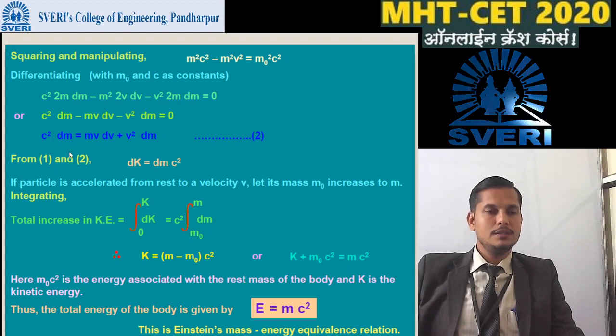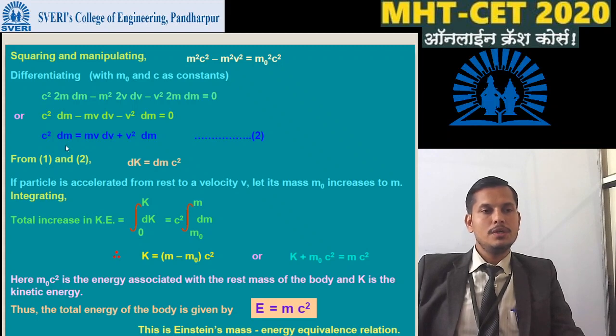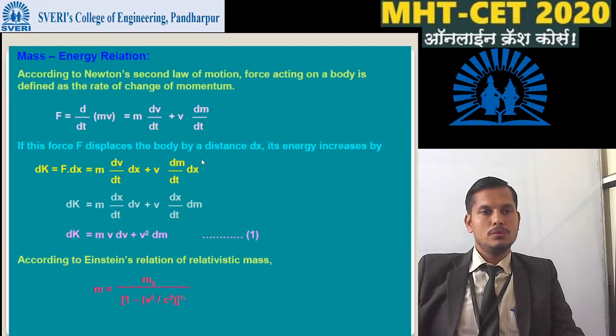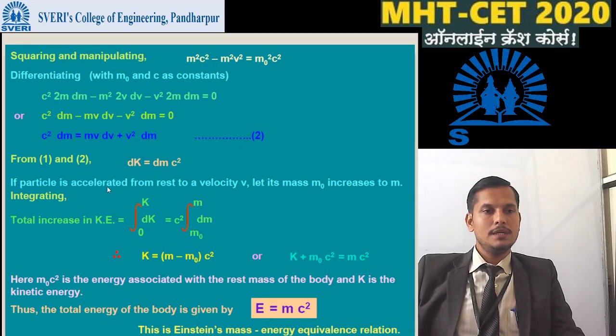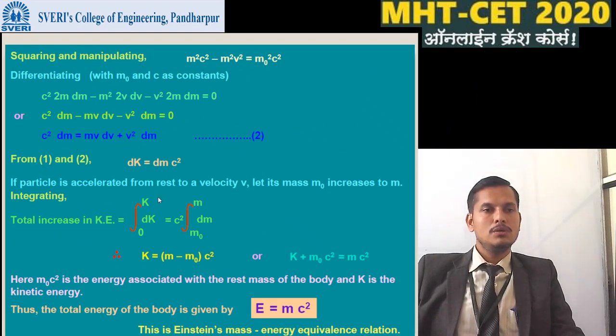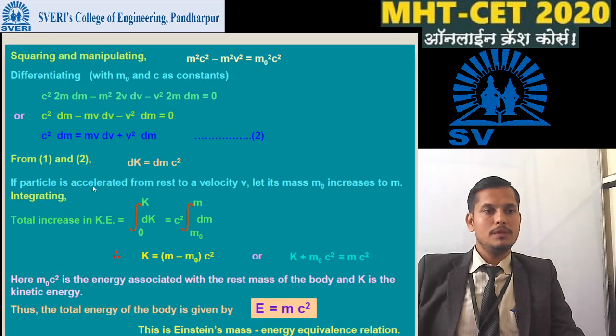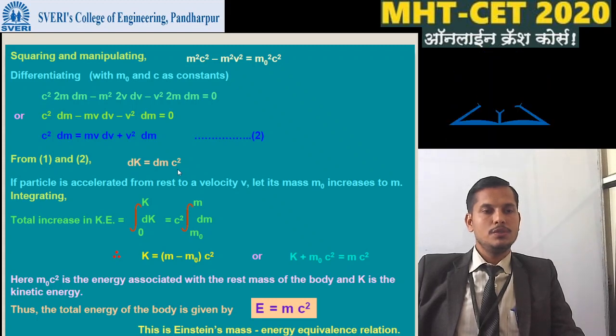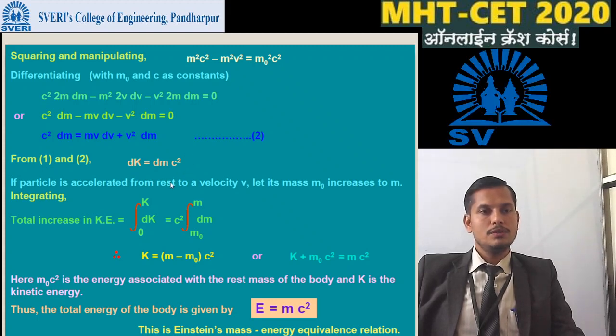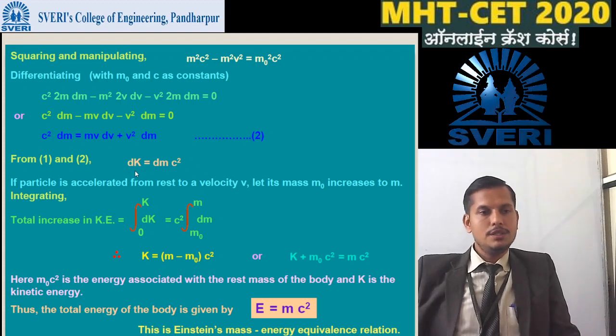So c square dm is equal to mv dv plus v square dm. If we compare equation 1 and 2, the first equation is dK is equal to mv dv plus v square dm, and the second equation is c square dm equal to mv dv plus v square dm. The RHS is the same, so we can get the LHS as dK is equal to c square dm, which is nothing but the change in kinetic energy.